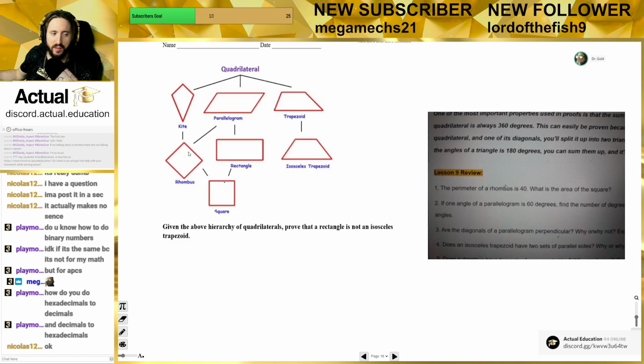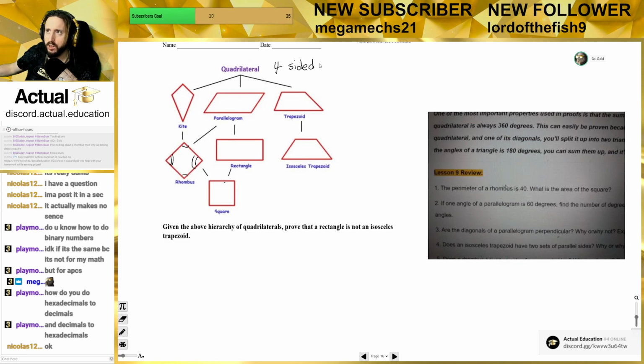A rhombus is just something that has 4 sides and the opposite angles have to be the same. That's what makes a rhombus special. It's actually a special type of kite. It doesn't have to have equal sides, for instance. A parallelogram, and all these things, are quadrilaterals. Quadrilateral means a 4-sided shape.